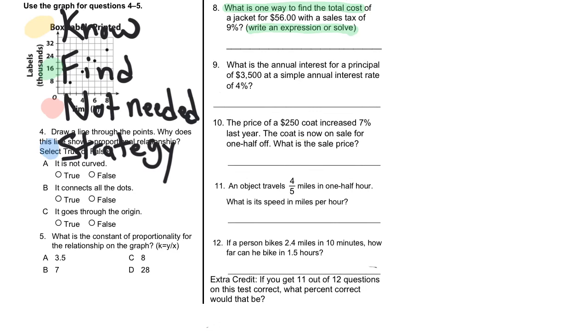What is it that we know? We know $56, and we know sales tax of 9%. So our strategies, what do we know about sales tax? Sales tax is always added.